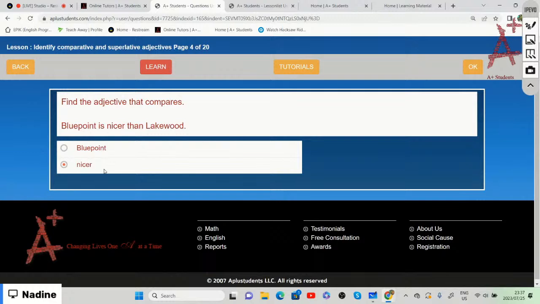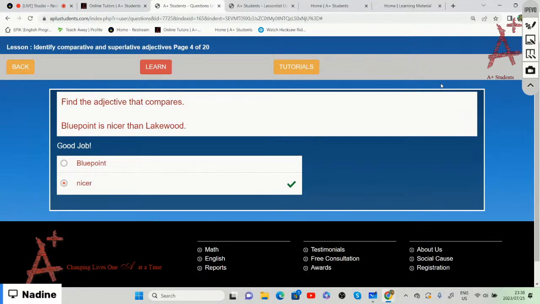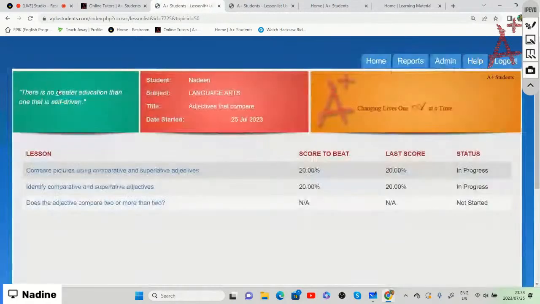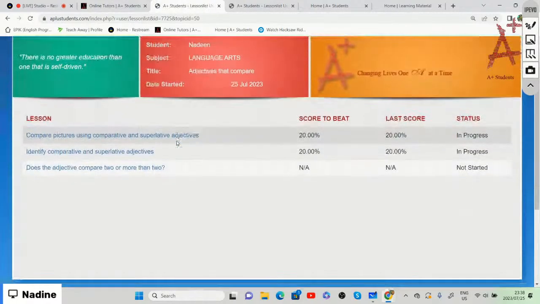And remember, a comparative adjective compares two people, places, animals, or things, and it ends in ER. And then we have our superlative adjectives that compare more than two people, places, animals, or things, and they end in EST. So nicer is our adjective that compares. All right. So if you have that, then well done.